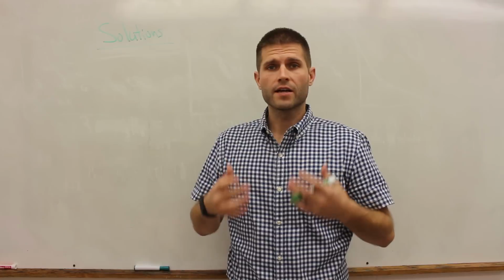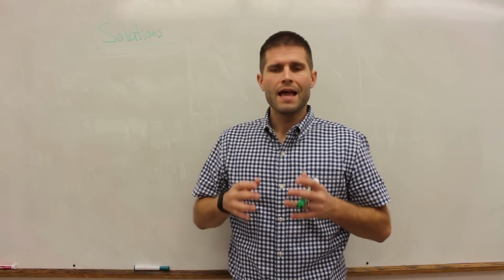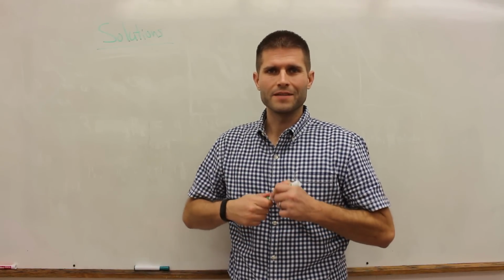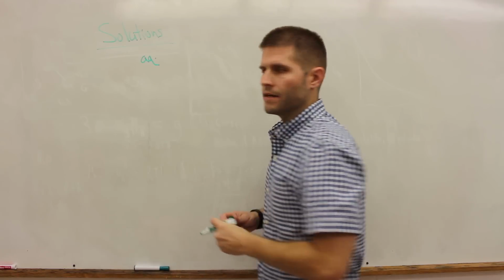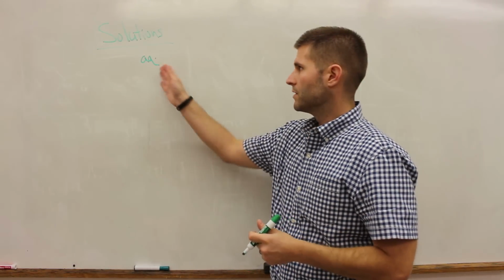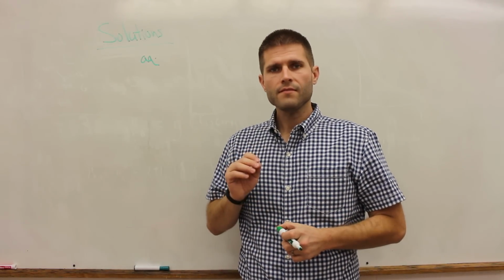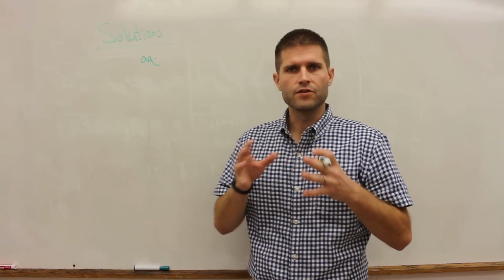Now, these are very common types of reactions that occur in chemistry, but they're not the only types. Anytime you've seen the subscript AQ in any of the reactions that we've covered in class, that stands for aqueous. And what the AQ means is it is a solution. Now, a solution is a combination of two different things.